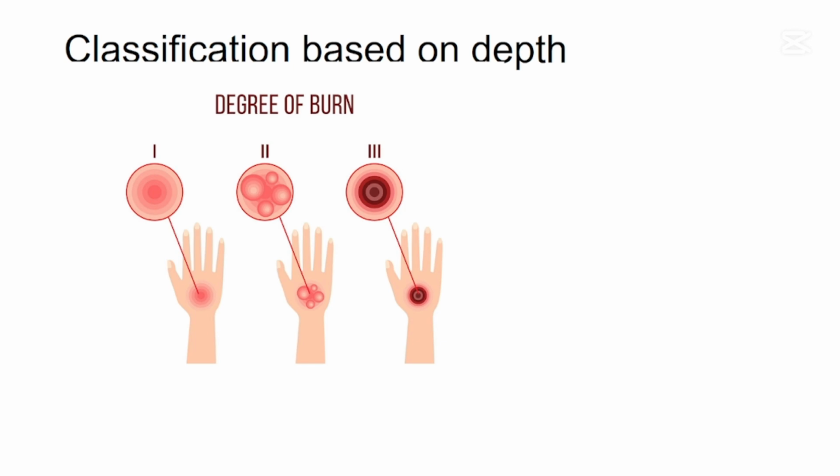Second degree is more painful because the dermis is also involved, and you can have blisters as well. Third degree, you have eschar formation, and it definitely heals by scarring and starts healing from the peripheries. Fourth degree you call it when you have associated bone and other tissue injuries as well.